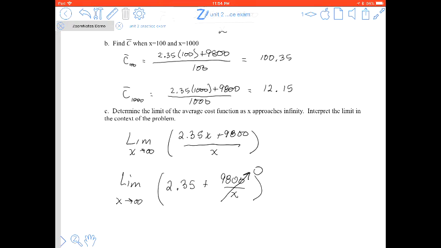So when x does approach infinity, that fraction essentially disappears to 0, leaving us just that. So as the tonnage of recycling increases, the average cost is going to decrease and approach $2.35, but it's not going to get any lower than $2.35. In essence, $2.35 is a horizontal asymptote, which the function approaches but never decreases below.